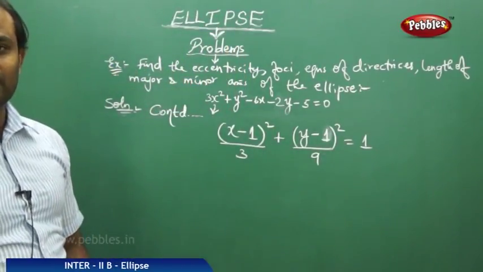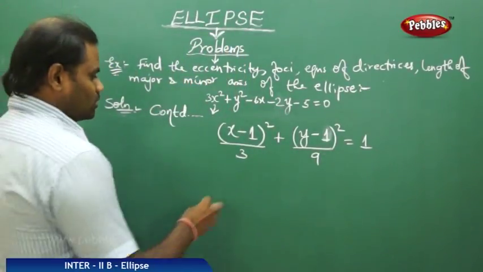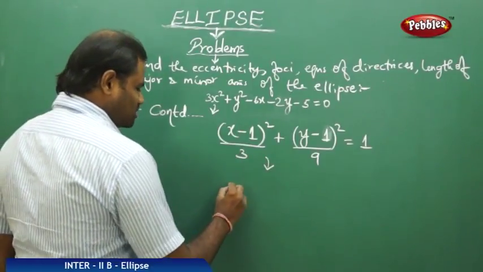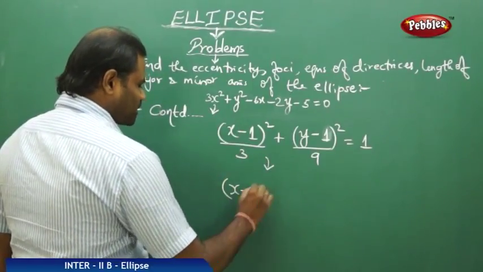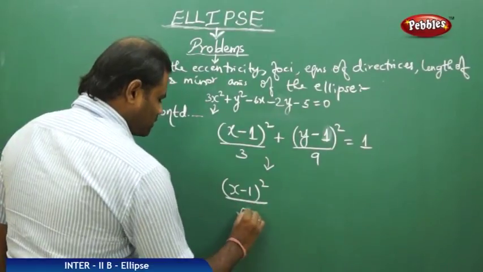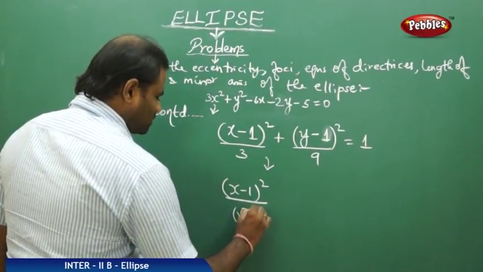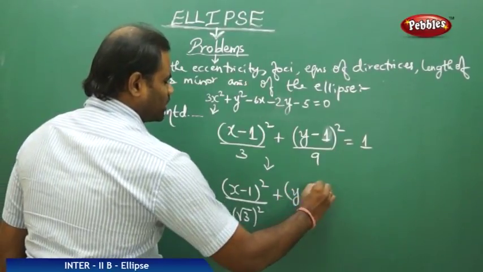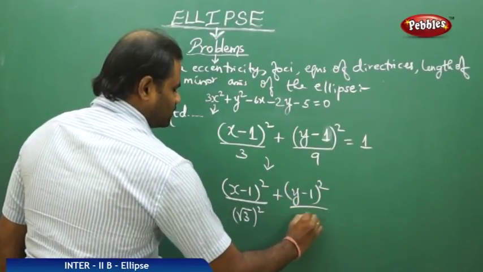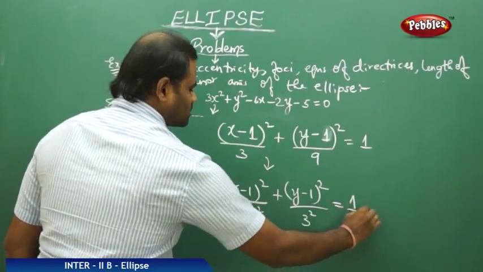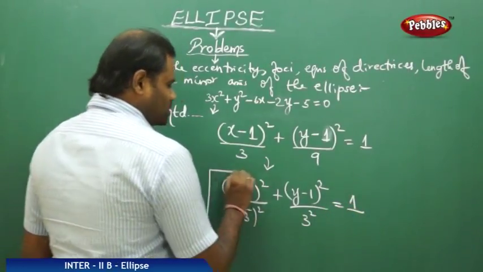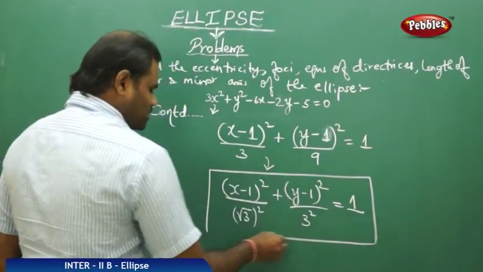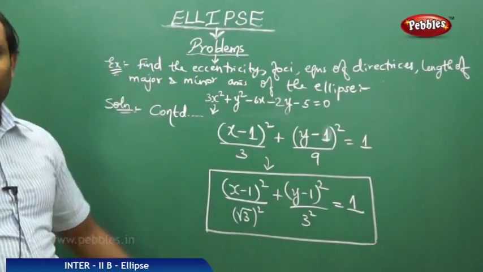So this is still not in the standard form. If I simplify further, (x minus 1) whole square by root 3 whole square, plus (y minus 1) whole square by 3 square, equal to 1, is called the standard equation of the ellipse in transformed form.